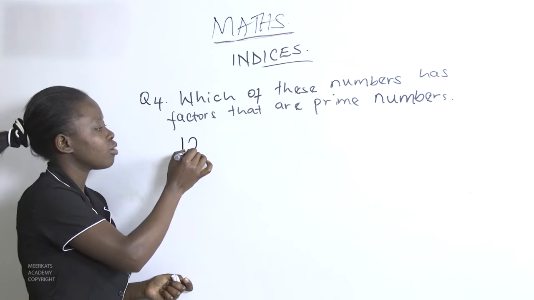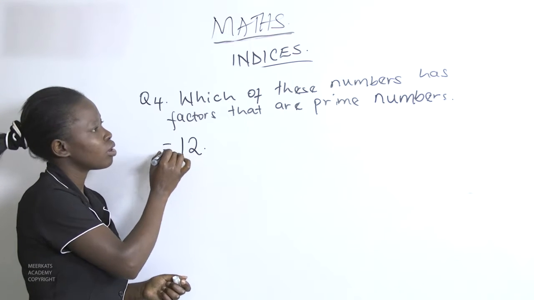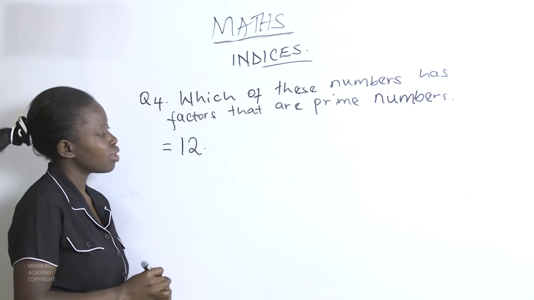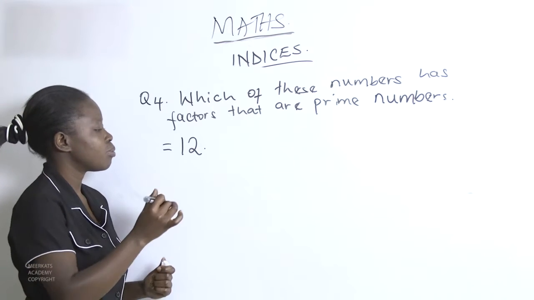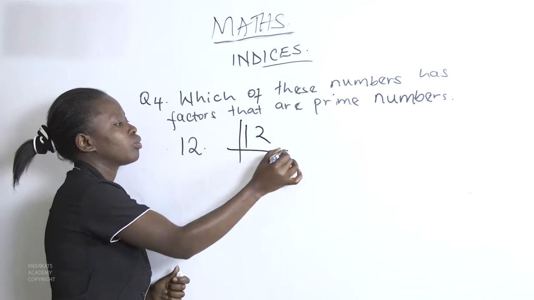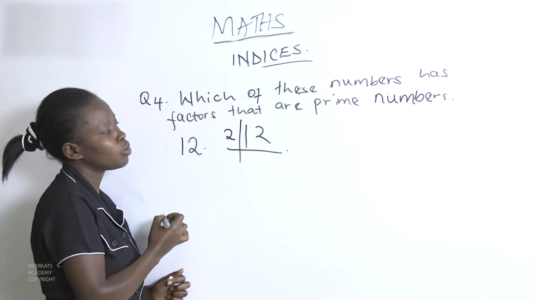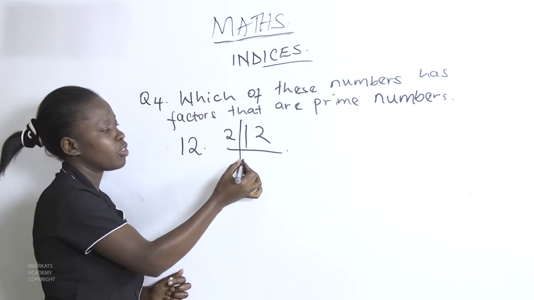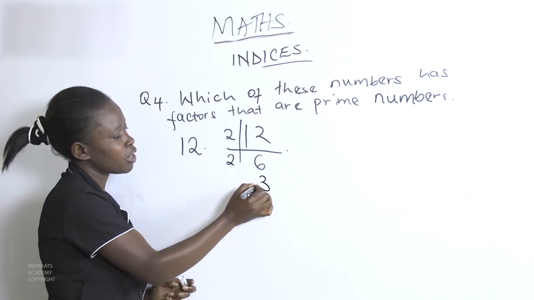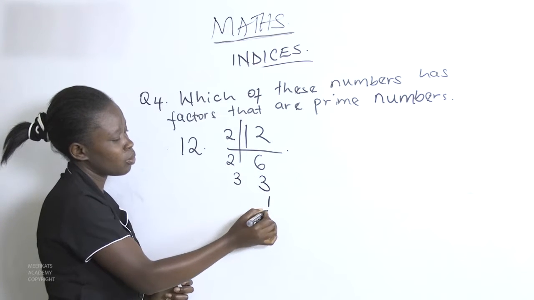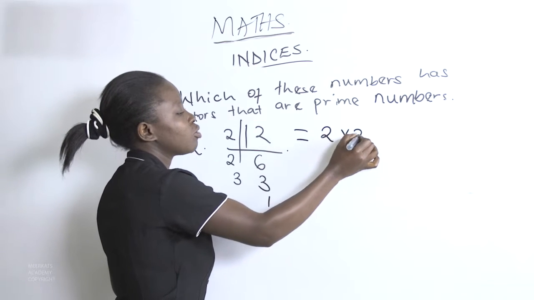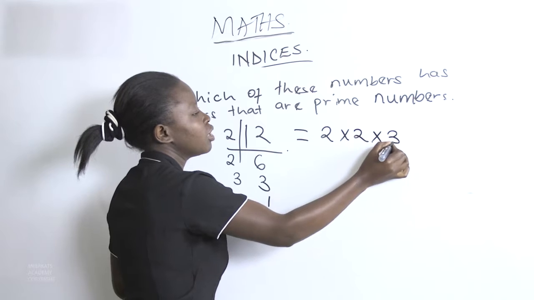So we have 12. The factors making up 12. 2 into 12, that is 6. 2 into 6, we have 3. Then 3 ones. So this means that 12 is given by 2 times 2 times 3.